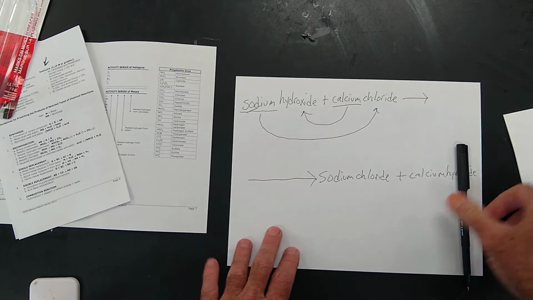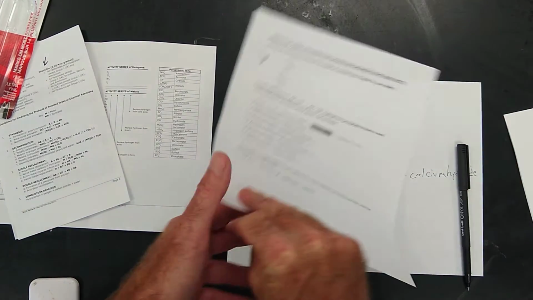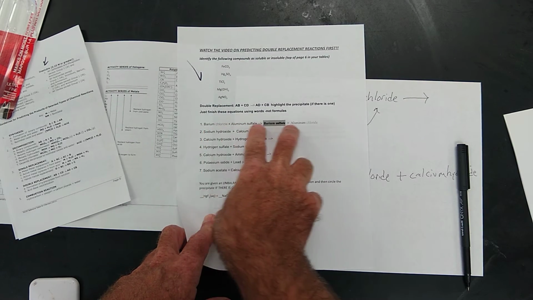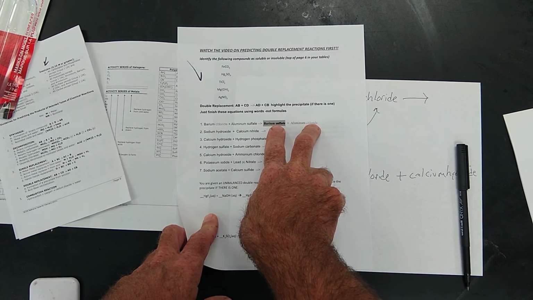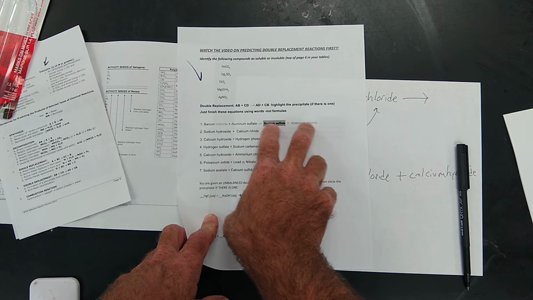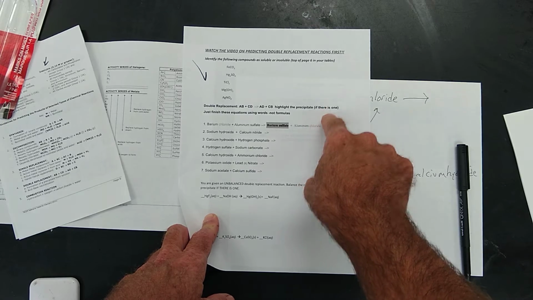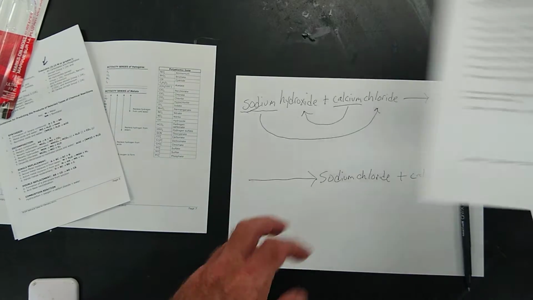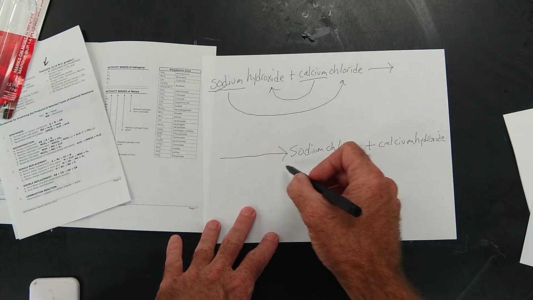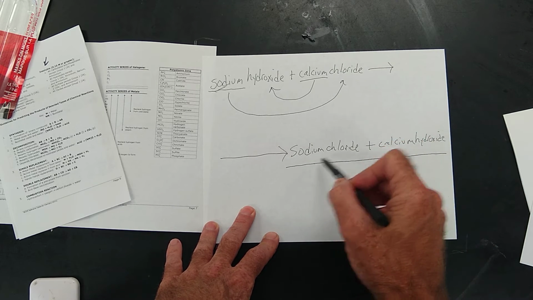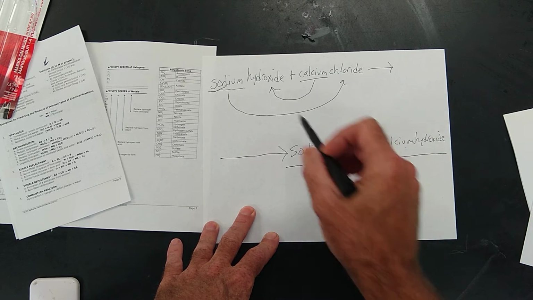Okay, so the second section of your worksheet is just saying, hey, take these and put them with new partners, okay? And it says highlight the precipitate if there is one. So now, here are the things that we made. This is what we started.